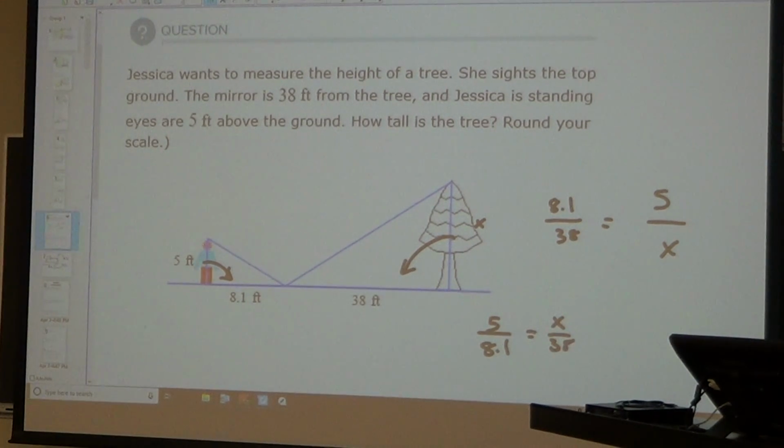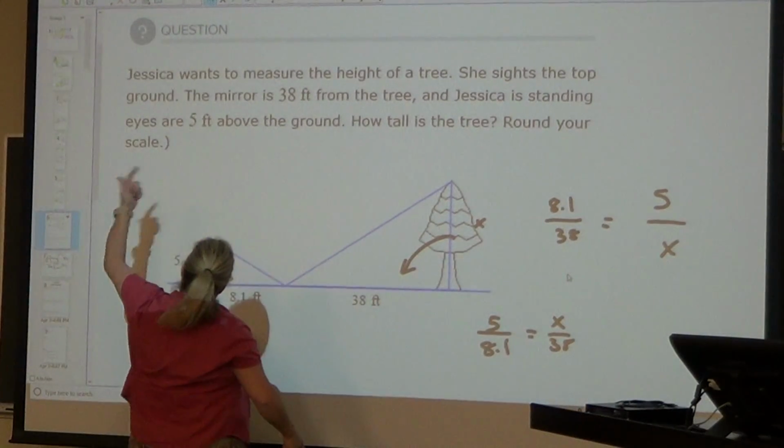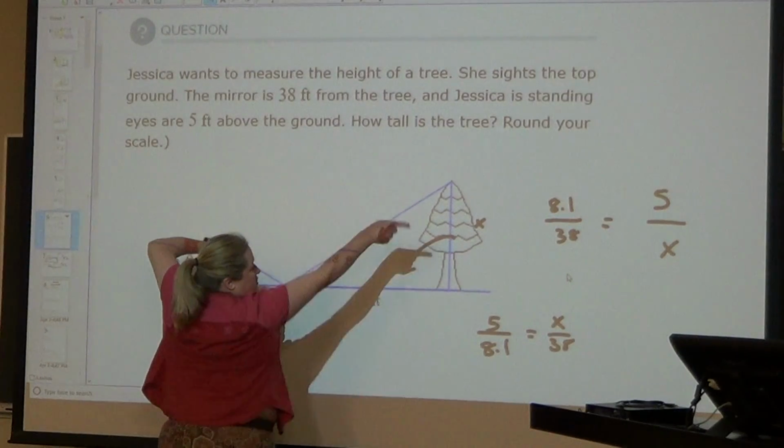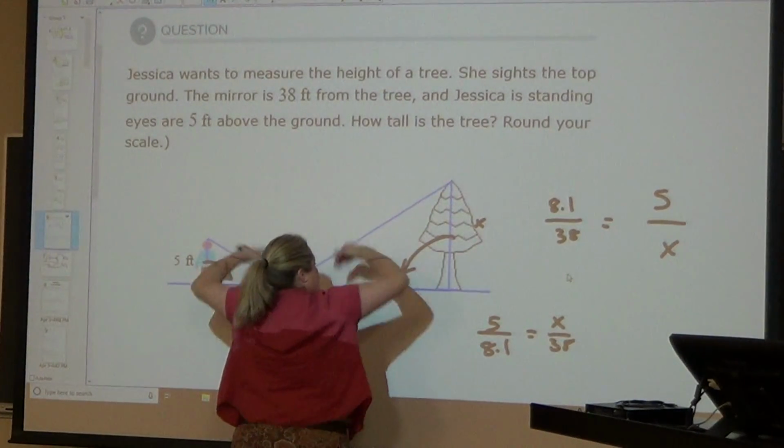X over 38. I don't care what pattern you use, it's just got to be the same pattern. In the same direction. What would make this one wrong, Tamika, is if I would have done 5 over 8.1, I couldn't have gone this way. If I come down, I've got to come this way as well.